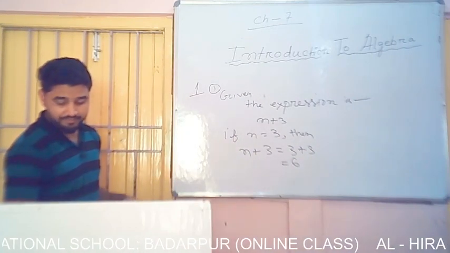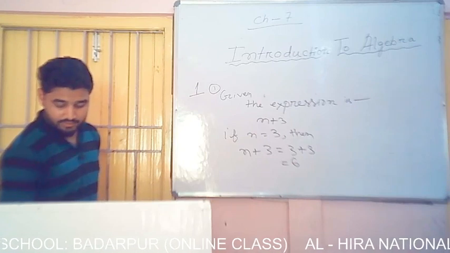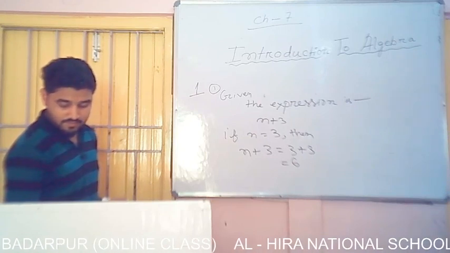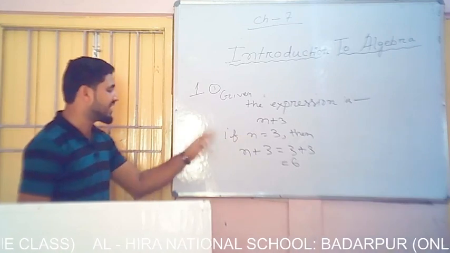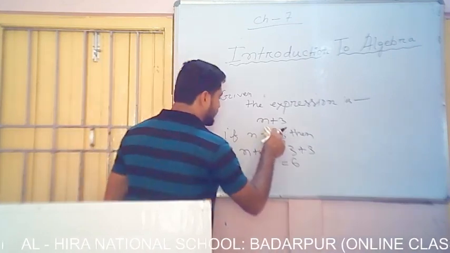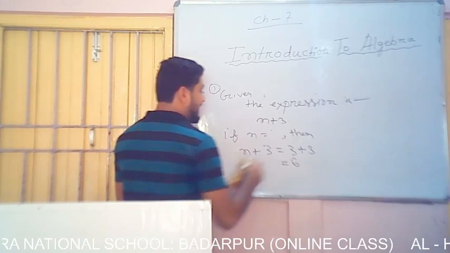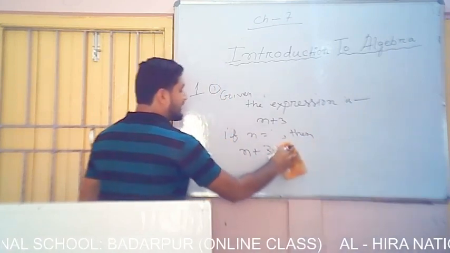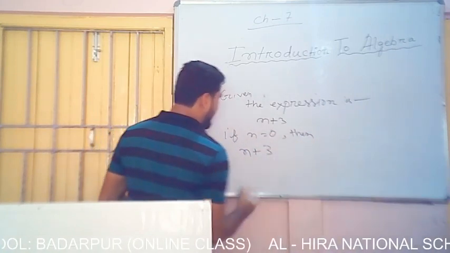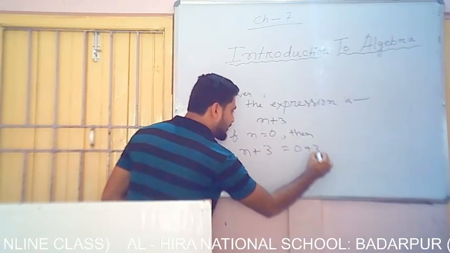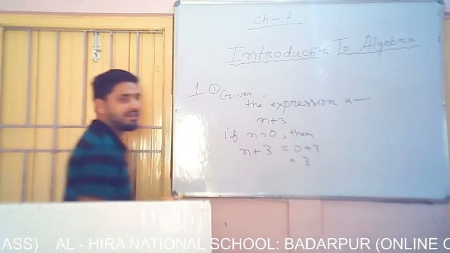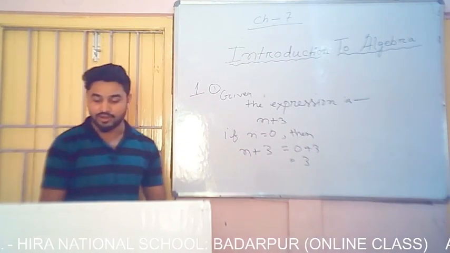Now come to n equals 0. We have to find the value of the expression for n equals 0. So if we put n equals 0, then 0 plus 3 means 3. These are very simple. You can do them at home.